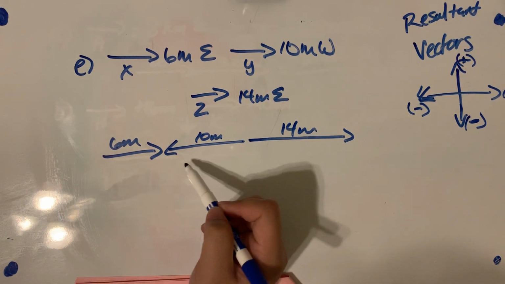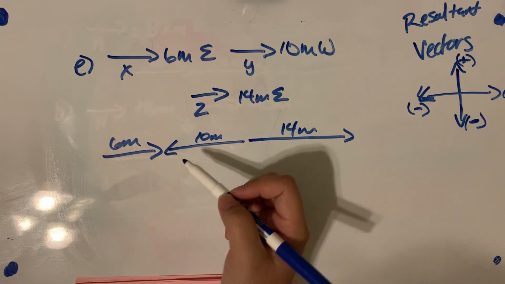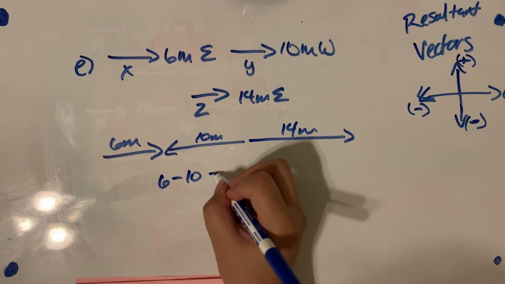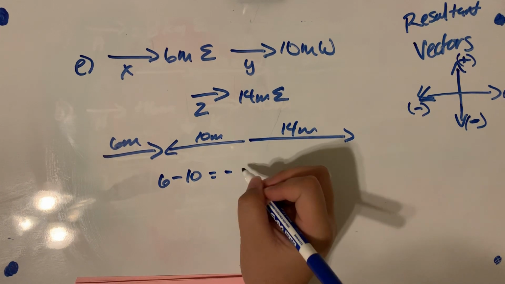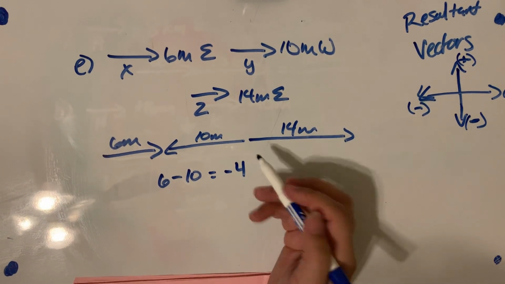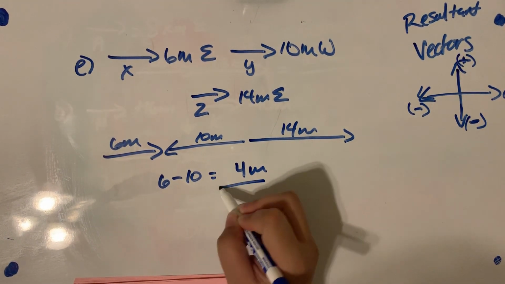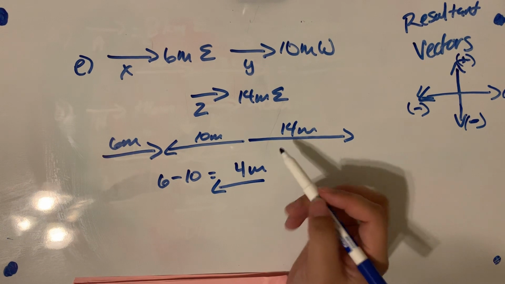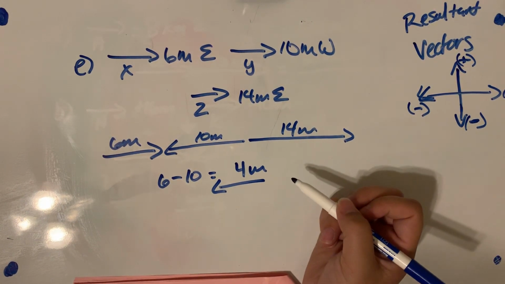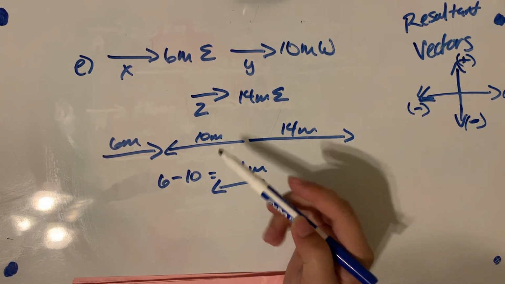So opposite directions subtract. Correct? Yes. So you have 6 minus 10. That is equal to negative 4. Draw your vector, so it's 4 meters, and now you know that it's going this way because it was a negative number. Whatever the side it's going is the side you'll draw the arrow in.